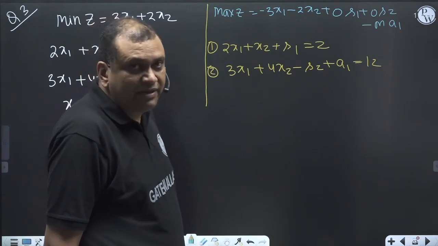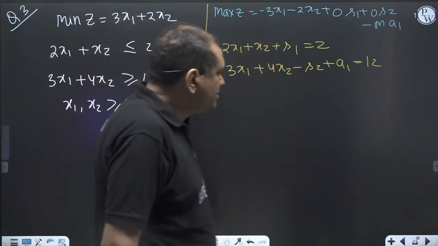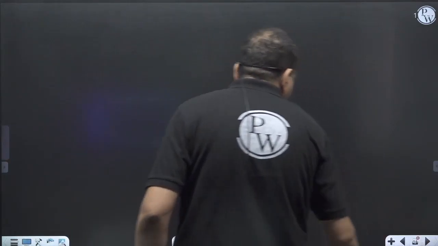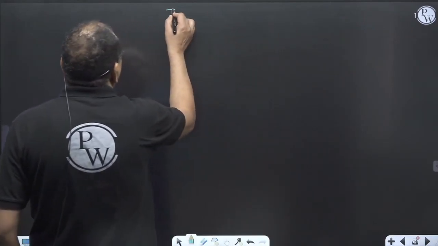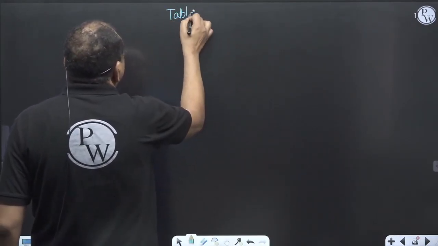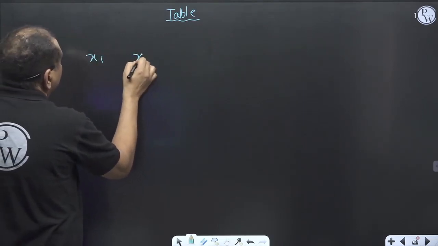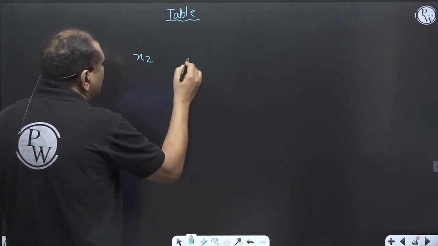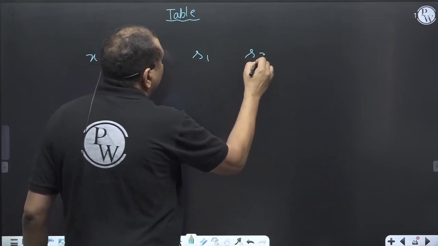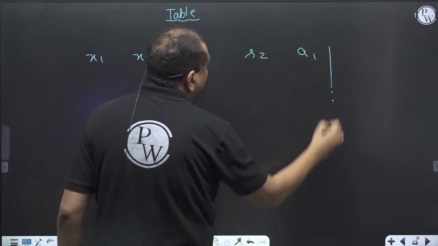Let us make the table. Columns: x1, x2, s1, s2, a1, and finally b.